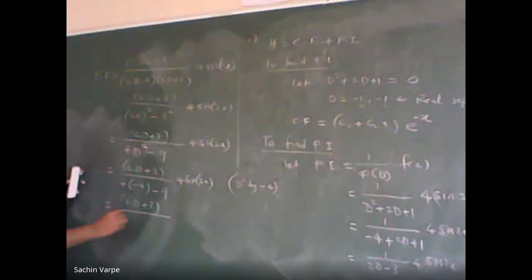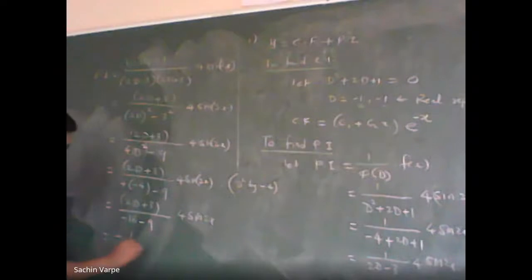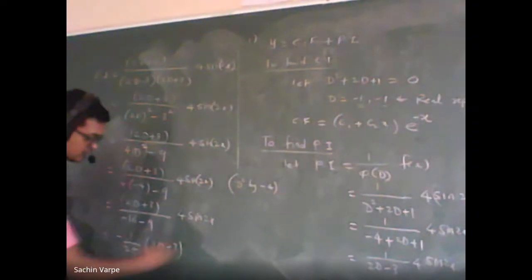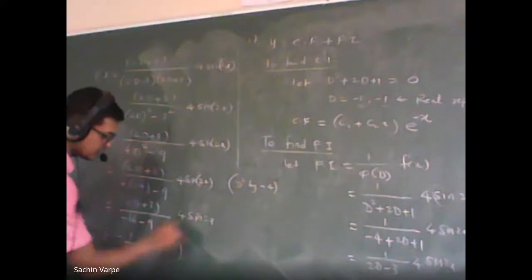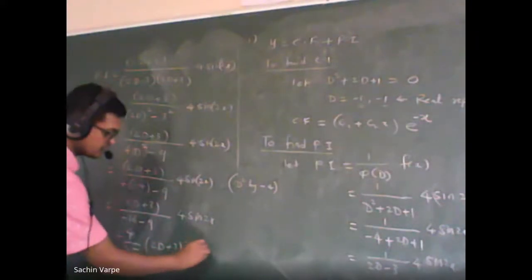Minus 16 minus 9 will be minus 25. Yes, minus 25. So that is minus 1 by 25 into 2d plus 3 of sine of 4 sine of 2x. So I'm writing this 4 outside, 4 by 25 sine of 2x.